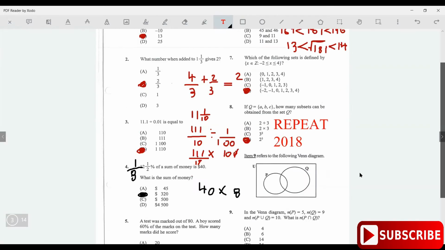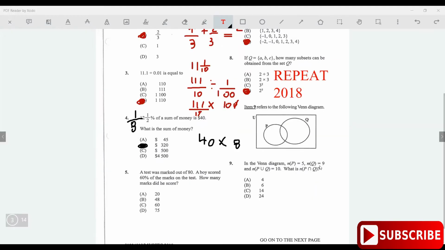It says, in the Venn diagram, the number of elements in P and the number of elements in Q and the number of elements in P union Q is given. What's the number of elements in their intersection? Well, you just need to know this formula, that the union is equal to number of elements of P plus the number of elements of Q minus their intersection. N stands for intersection. So the union is 10.